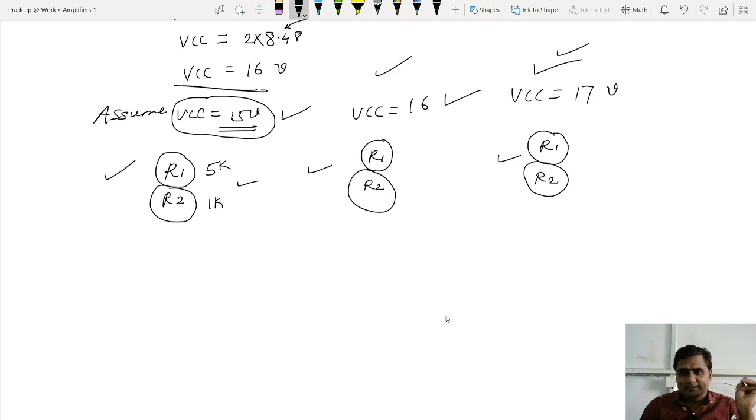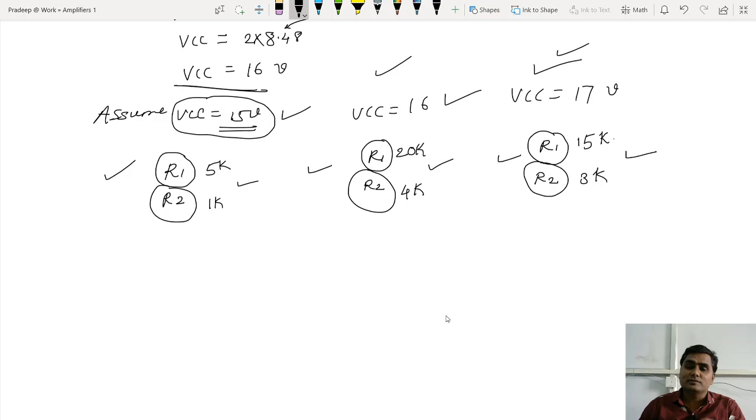In one case, for VCC equal to 15, I am getting 5 and 1. In case of VCC equal to 16, maybe I am getting this value about 20k and this value about 4k. I'll say this is also okay. Yes, it can be. In another case, maybe I am getting this value equal to 15k and maybe this value is about 3k only.